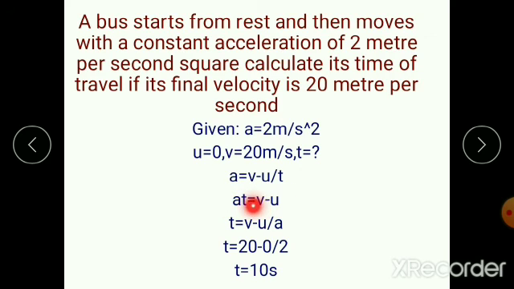Since you want to find the time of travel, you send the acceleration to the other side, that is t equals v minus u divided by a. So v is the final velocity, that is 20, minus initial velocity 0, divided by acceleration 2. So the time of travel will be 2 ones are 2, 2 tens are 20, so 10 seconds. So what is the time of travel? It is 10 seconds.